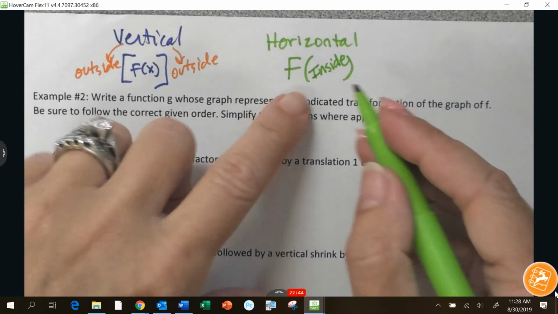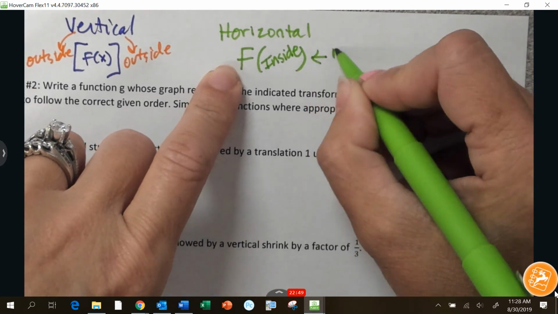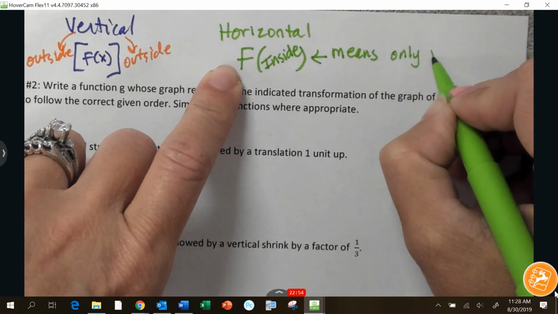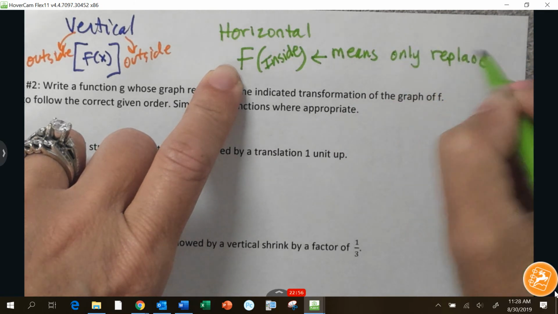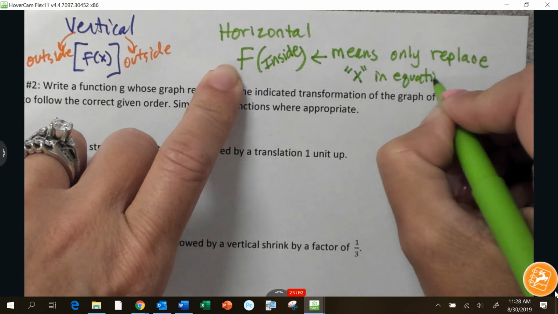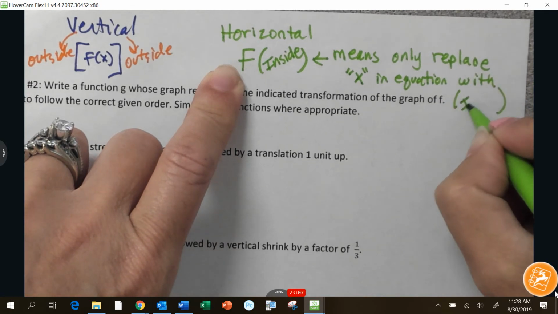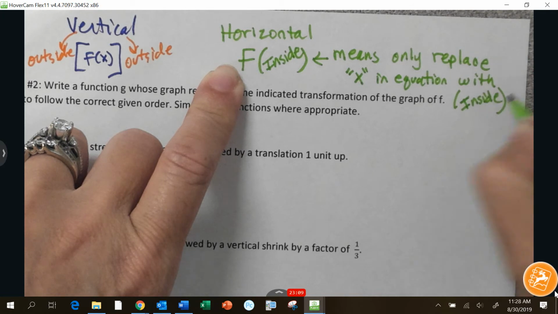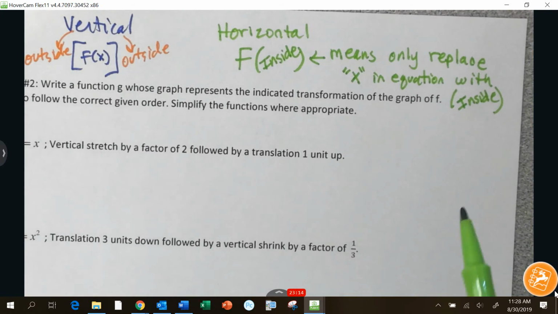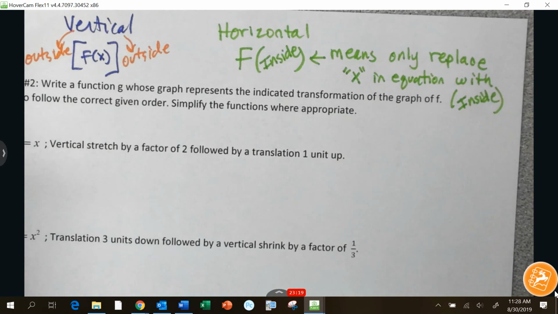If you have something on the inside, this means only replace the x in the equation with that parenthesis and whatever's going on the inside. So this is a substitution type thing. This is a replacement. So this sums up all of the different things that we're doing.